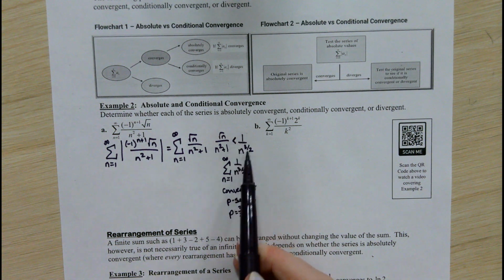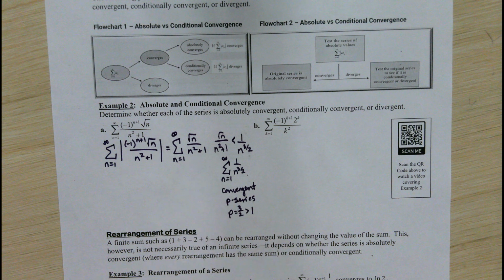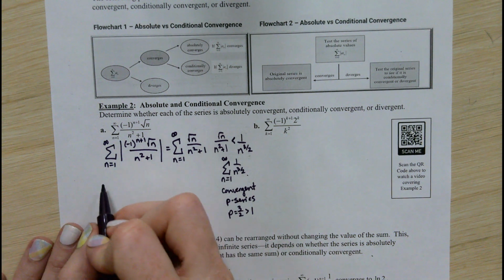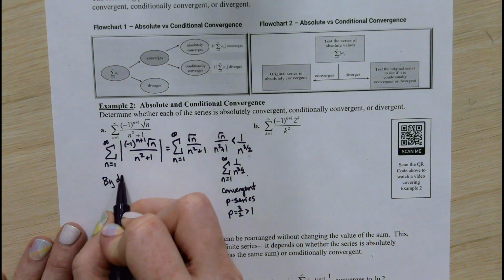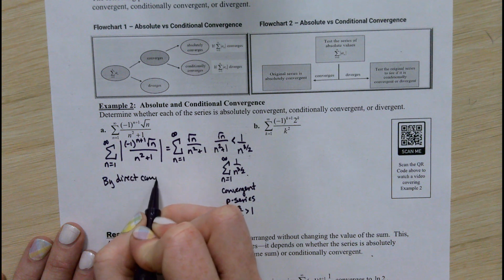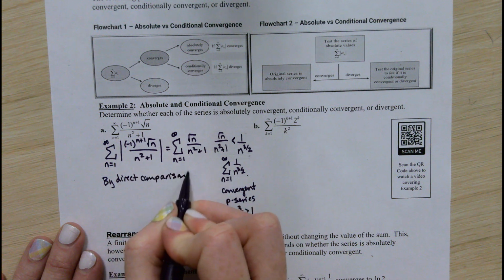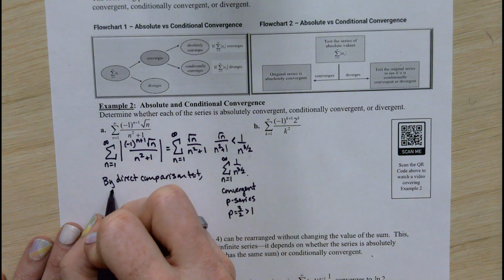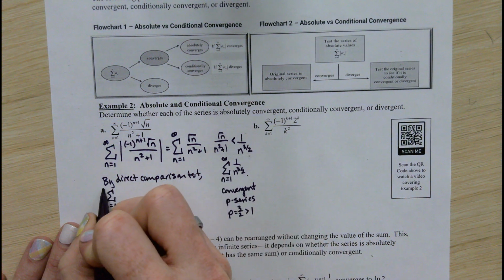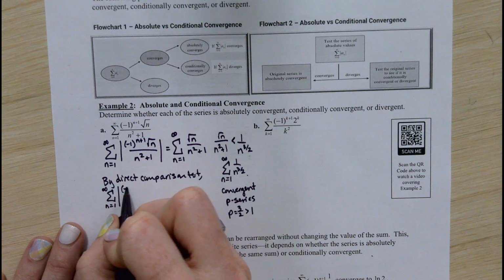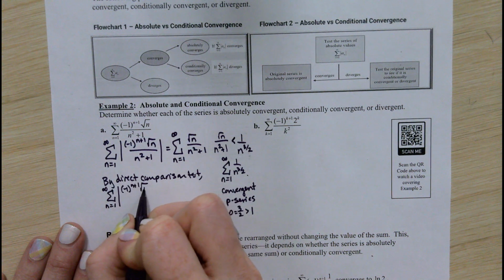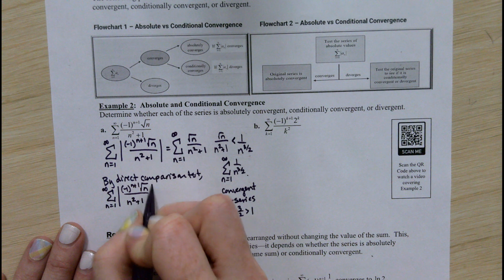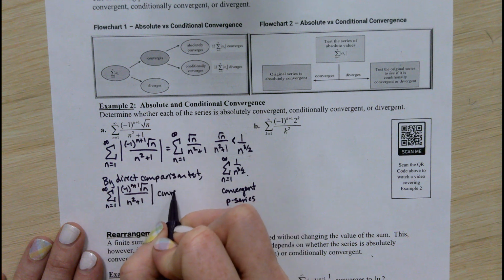So if our larger series converges, our smaller series should also converge. So by direct comparison test, the absolute value of (-1)^(n+1) root n all over n squared plus 1 converges.